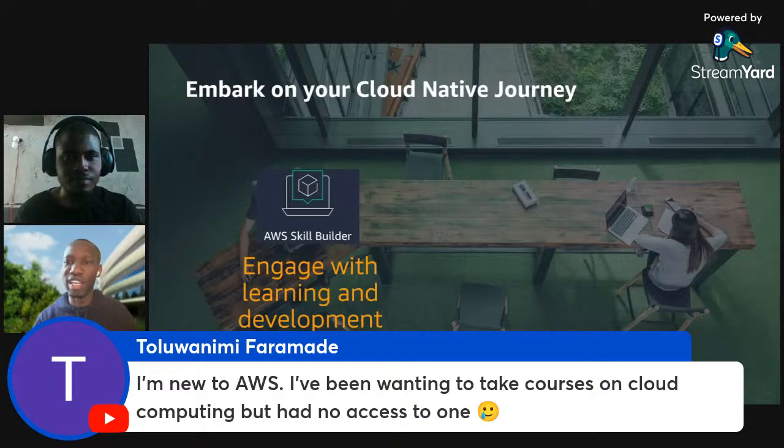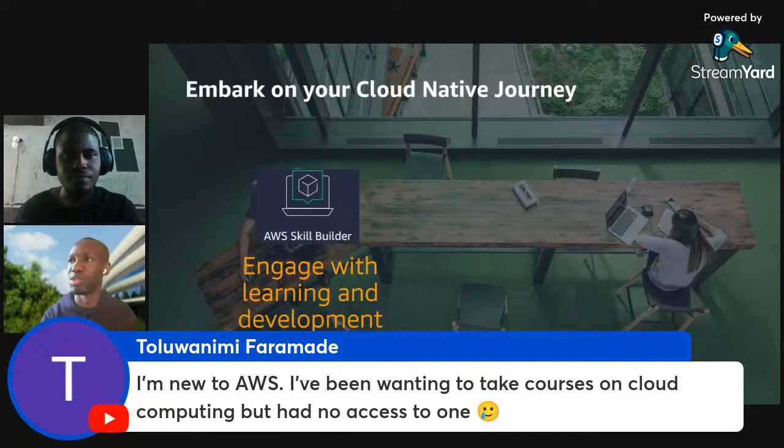Okay, right. So I just, in fact, I think the slide is still showing on the screen. So the person that is asking the question, if you're new to AWS and you want to take courses on cloud computing, you can register on Skill Builder, like I have on the screen. There's a free account that you can register on, and then there are different courses there.